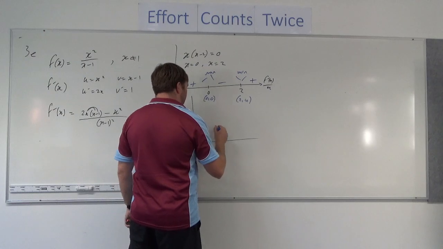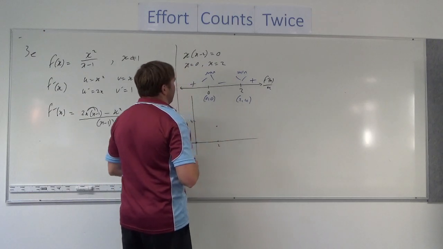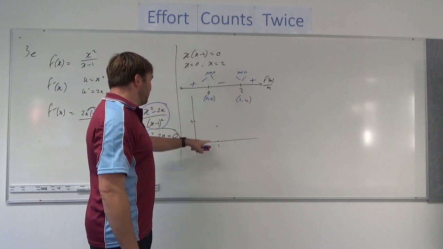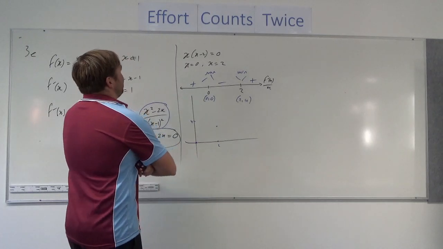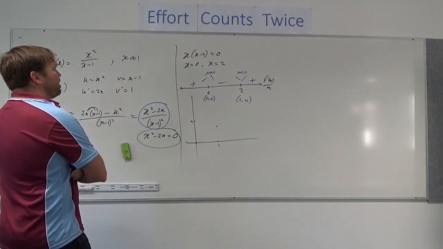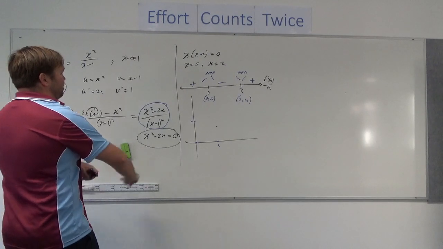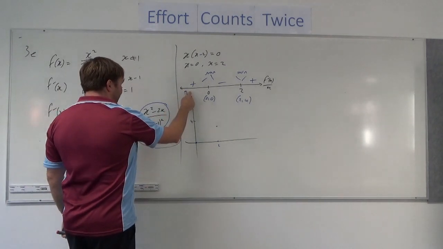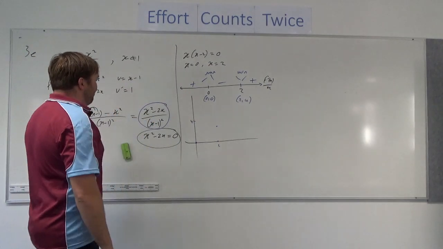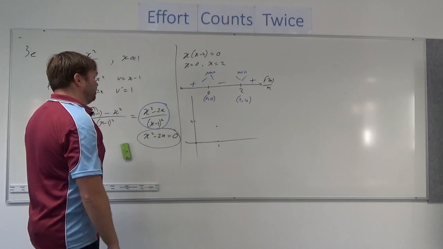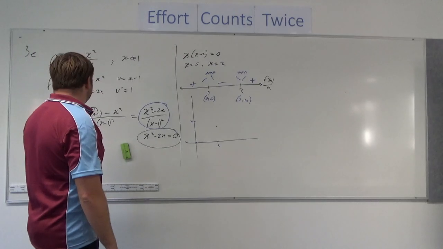Which leads me to really want to check my math. Because that doesn't feel like a minimum if that's my maximum. So where did I go wrong? 0 and 2 work. I must have subbed it in wrong. If I sub in minus 1, definitely positive. If I sub in 1, definitely negative.